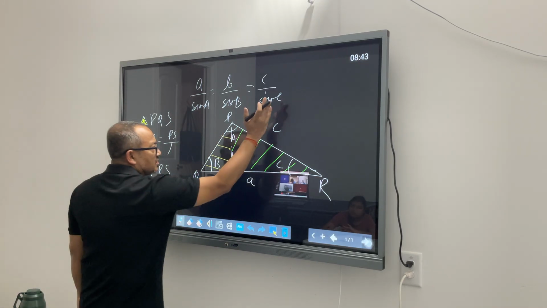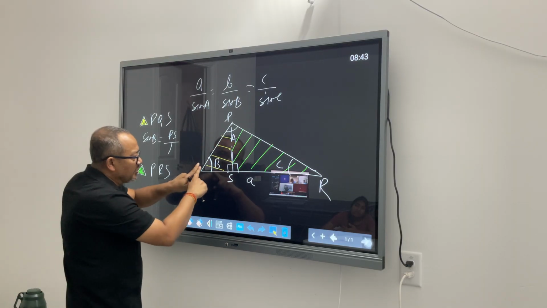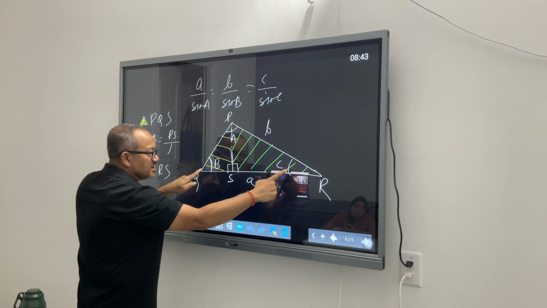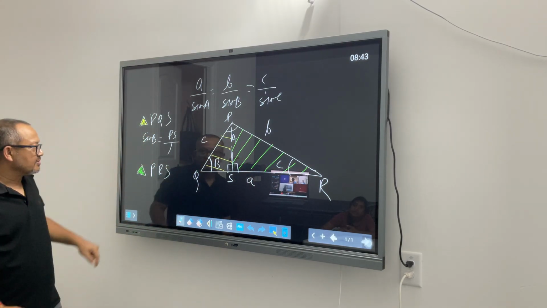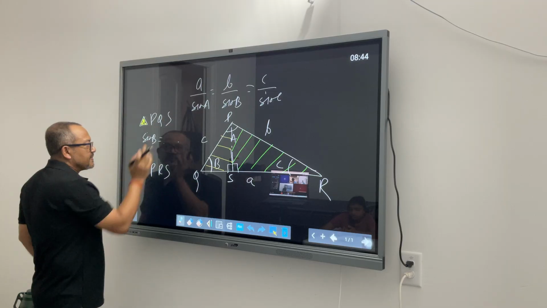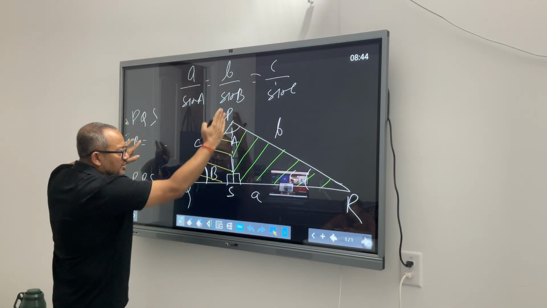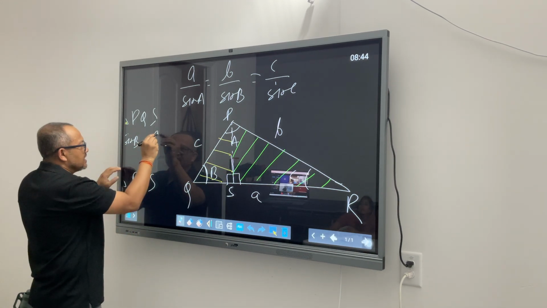This is not B. This is my angle B, so the side opposite that will be this one, B. This is my angle C, and the side opposite that will be C. That's why I was wondering how come I'm getting it wrong. So now, sine of B will be the side opposite to that divided by the hypotenuse, so PS divided by C.